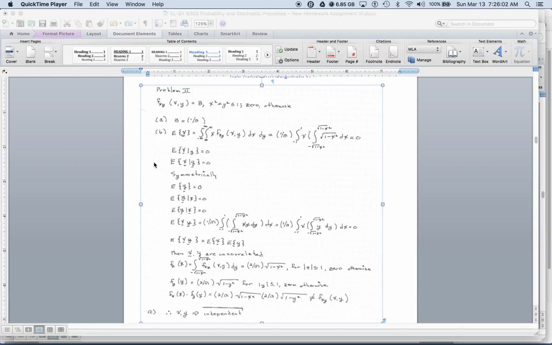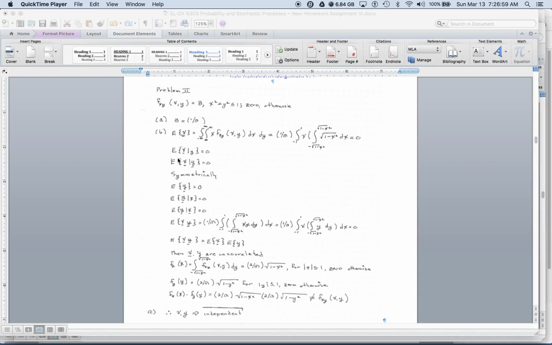Now we are requested to evaluate the expected value of the random variable x, equal to the two integrals from minus infinity to infinity of x times f of x, y, dx dy, which is equal to 1 over pi times the integral from minus 1 to 1 of x times the integral from minus the square root of 1 minus x squared to positive the square root of 1 minus x squared dx, which totals out to 0.